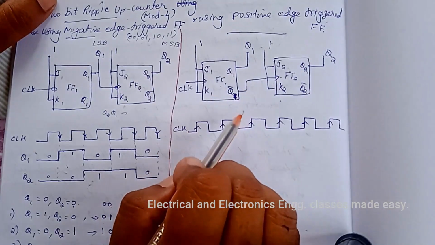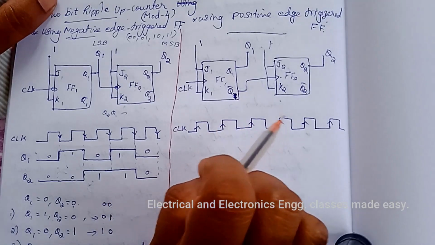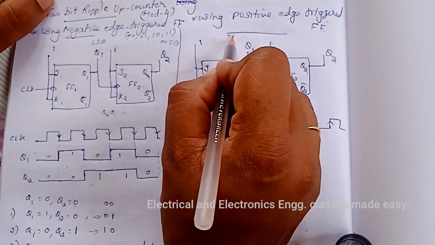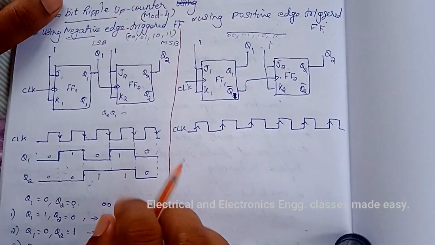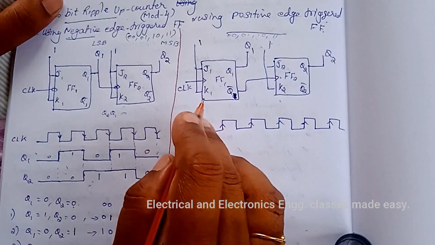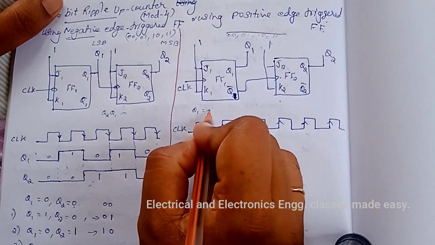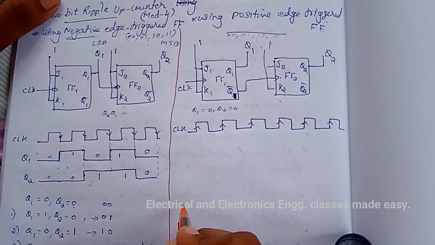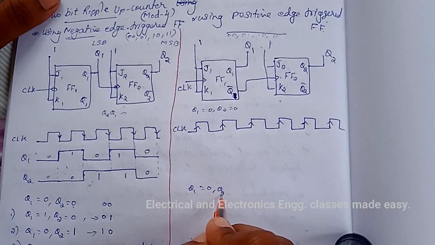So the state transitions occur at the positive going edge of the clock pulses, and here also the counting sequence is like 0, 0, 0, 1, 1, 0, 1, 1, like that. And initially the flip-flop is reset, that is Q1 equal to 0 and Q2 equal to 0.